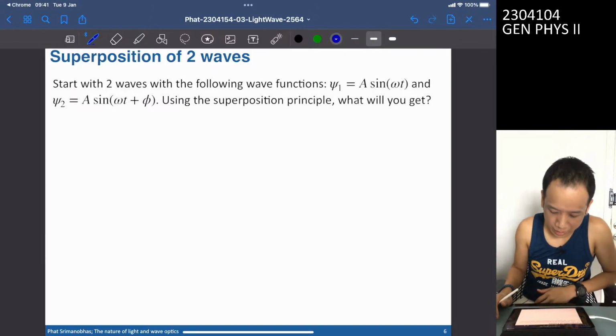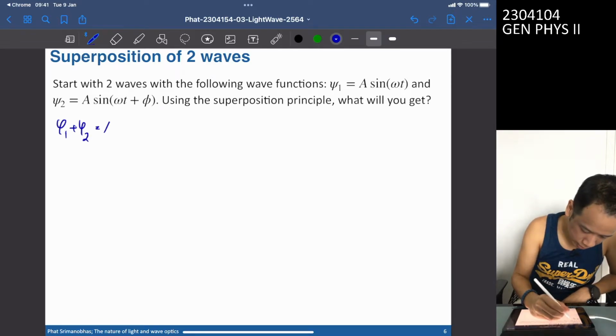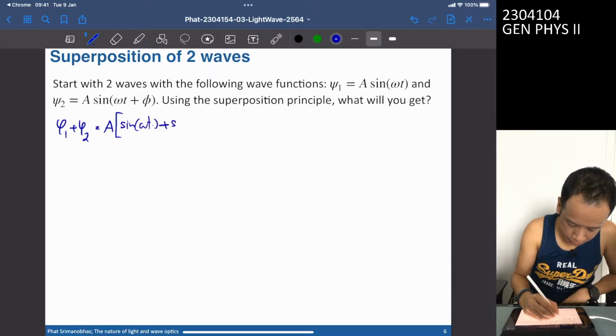So you take phi 1 plus phi 2, so it becomes sine of omega t plus phi, plus sine of omega t.